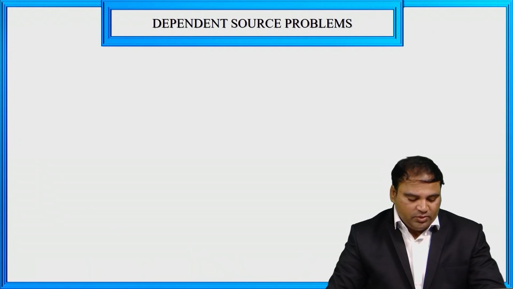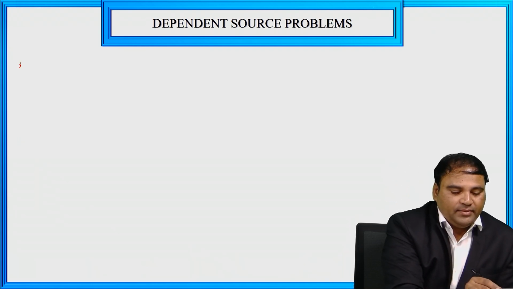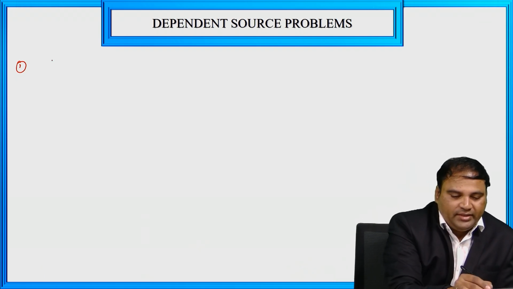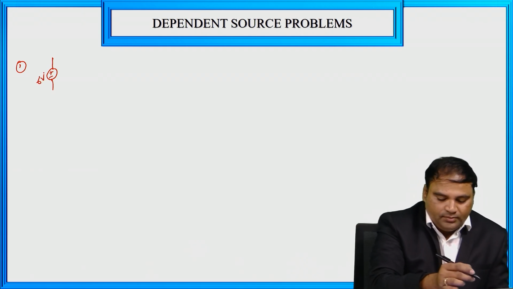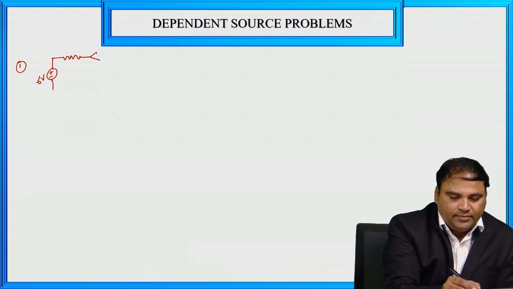So I am taking the first problem here. In this dependent sources problem, I am taking plus minus 6 volts, and first I am taking one single loop.